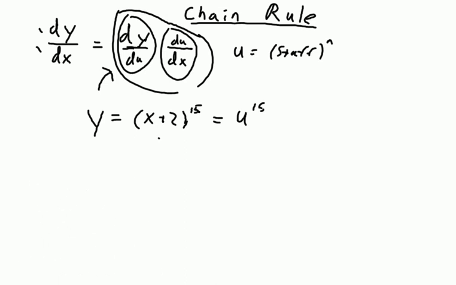Typically, what a student or myself would do is just first take the derivative of the outside, 15 times x plus 2 to the 14th, and then multiply by the derivative of the inside, times, in this case, simply 1.